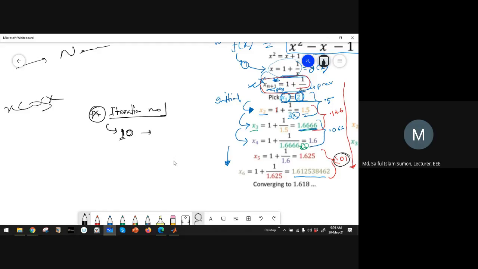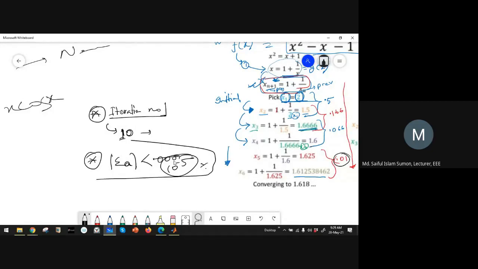But if I want to provide a specific error limit, suppose the absolute relative approximate error should be less than 10 to the power minus 5, even if it may be a percentage, then I will not mention the iteration number.